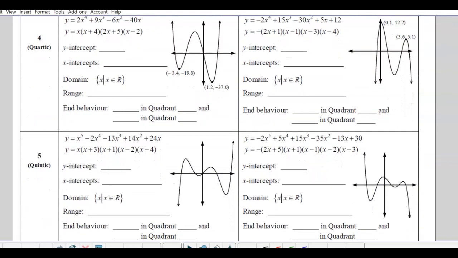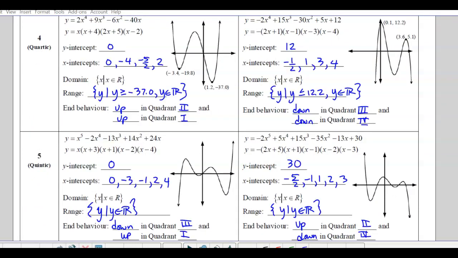So I'll give you a few more minutes to do degree 4 and degree 5 there. So you can take a look at the solutions there, check your work. We're going to summarize what we did in this big chart on the next page, because there's some patterns, right? So if you're taking a look at the degree 5, notice how the range was all real numbers and the end behavior was in diagonal quadrants.